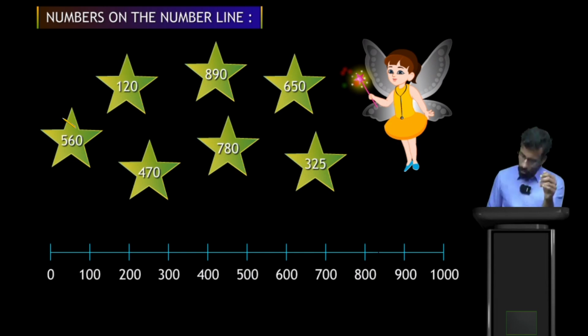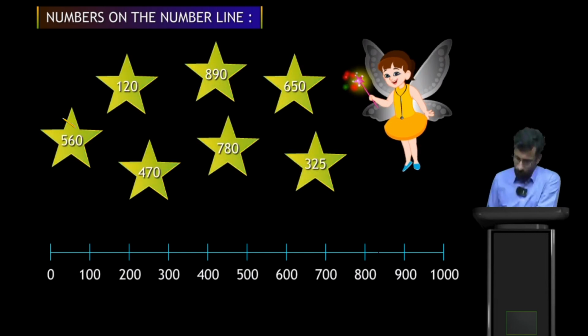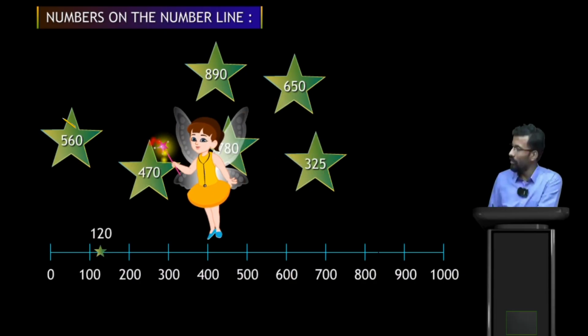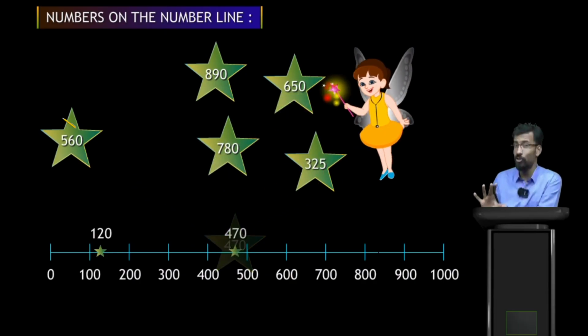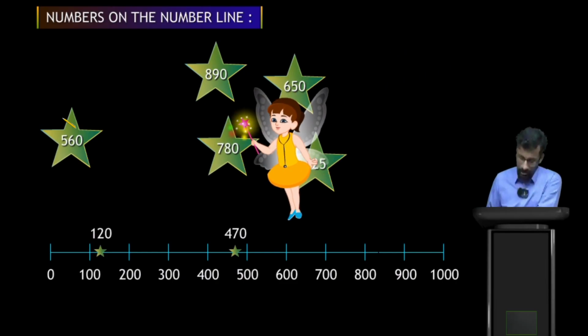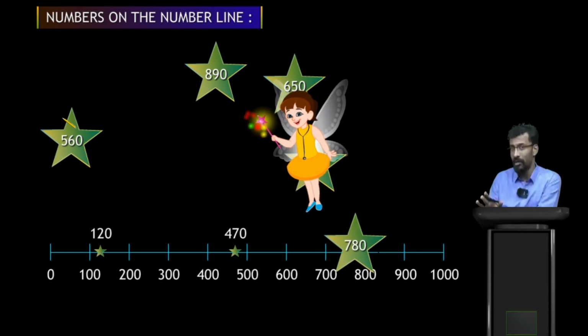The first one, look, 120. 120 lies between 100 and 200. So in between, 120 will lie. Then taking 470, 470 should lie between 400 and 500. Look, in this way. Now 7 should lie between 7.